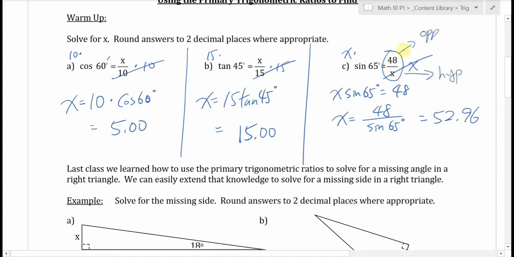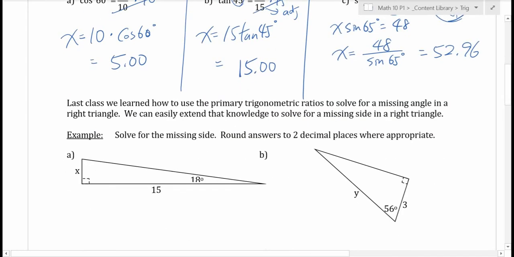In this case, we know the angle, we know the opposite side, but we are solving for the hypotenuse. Whereas in this case, we know the angle, we don't know the opposite side, but we do know the adjacent side. So we can find the opposite side by setting this up right here.